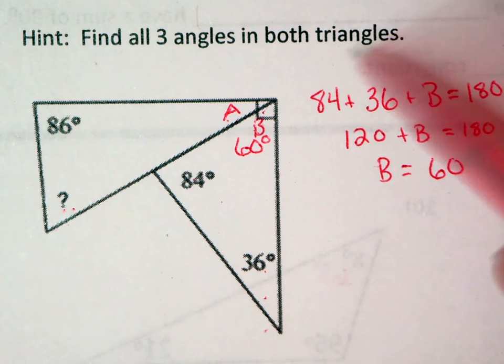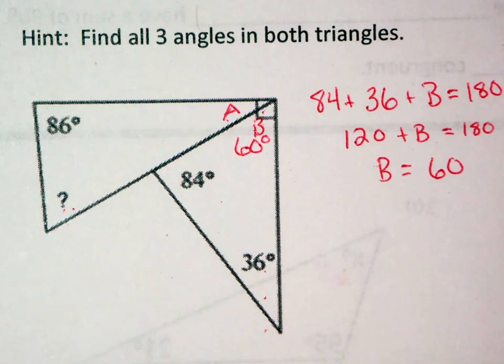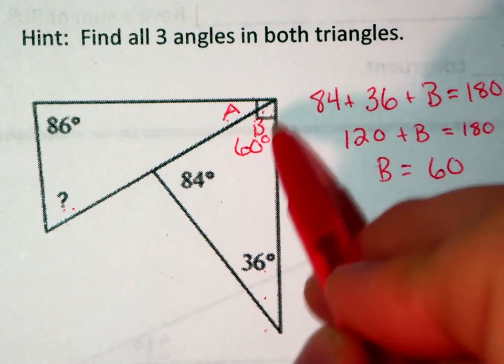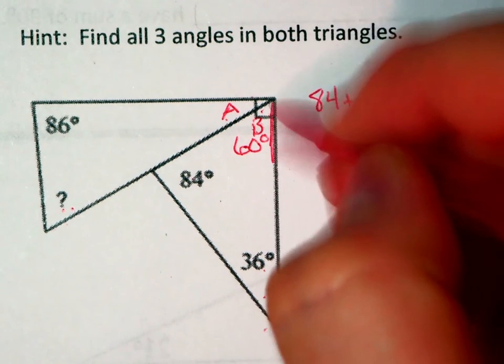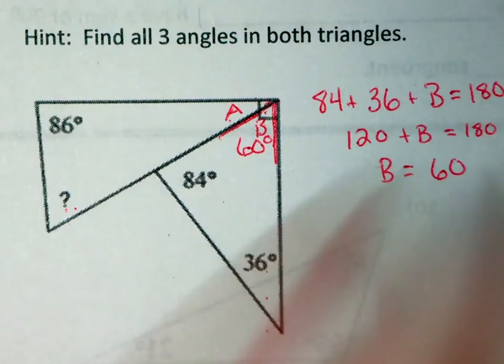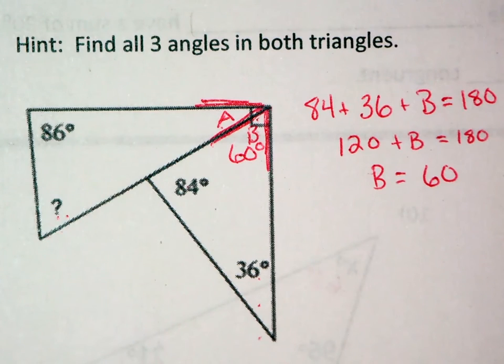It's good practice to go ahead and start writing that value into the problem, because that helps me to see the puzzle a little bit more clearly. I have a 90-degree angle here, and I have two angles that form that 90-degree angle. One is my 60-degree angle, and the other is my angle A. Two angles that add up to 90 degrees are complementary angles.